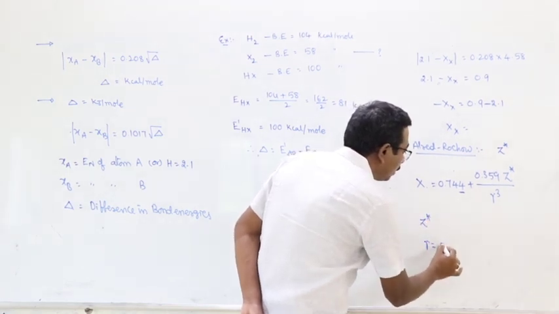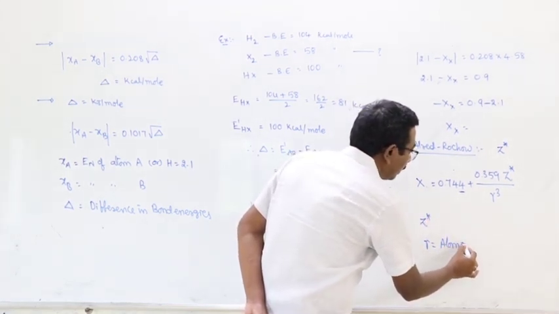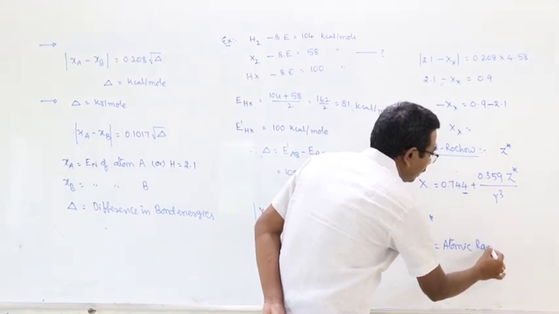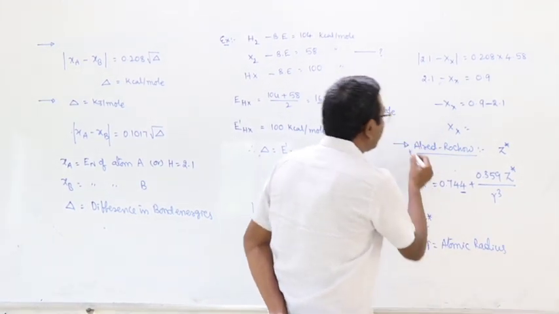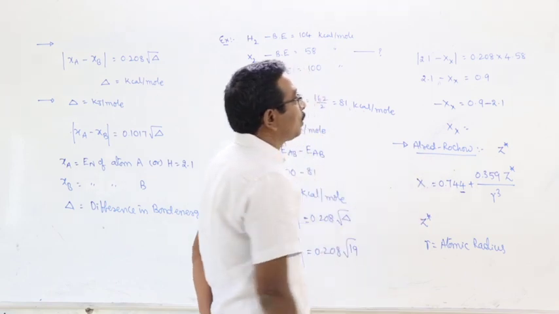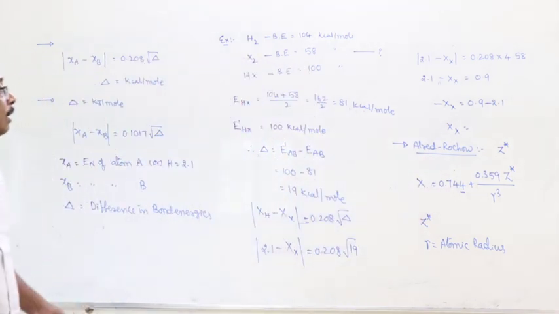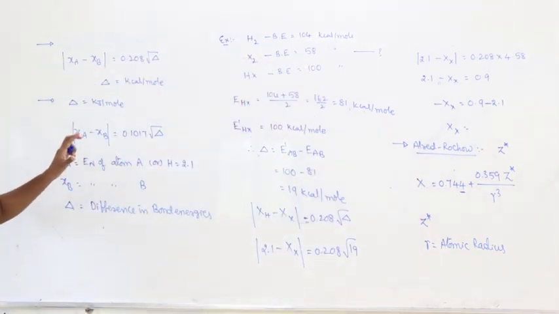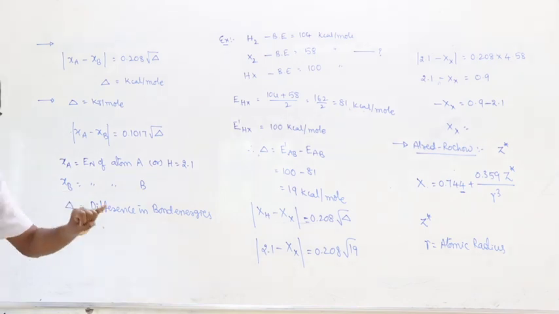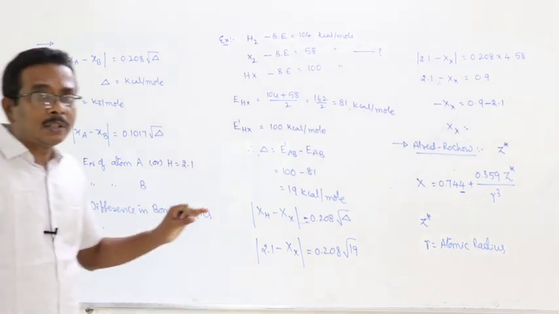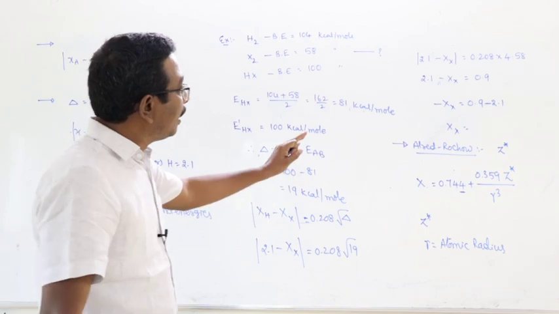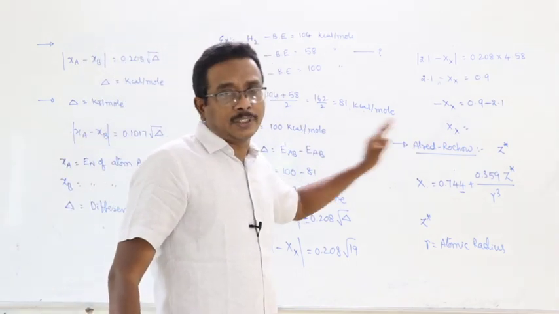And r is equal to atomic radius. This is about the methods that are used to calculate the electronegativity of an atom of an element. First one, Mulliken scale method. Second one, Pauling scale method. Third one, Allred-Rochow process.